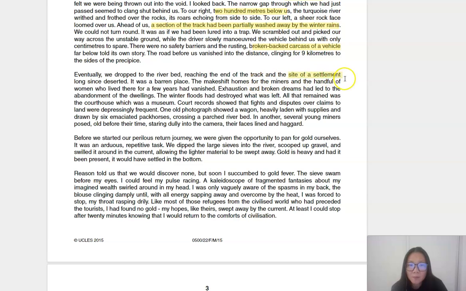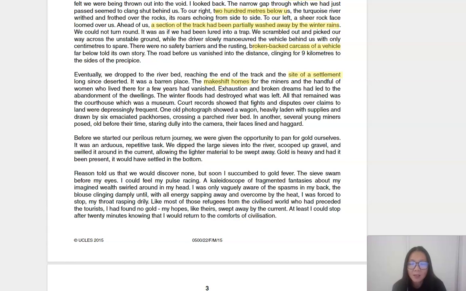The makeshift homes of the miners and a handful of women who lived there for a few years had vanished. So we're talking about makeshift homes. This is of course an archaeological thing now in modern day, but this is your home then, 150 years ago. So your living conditions are pretty bare bones. You live in makeshift homes.